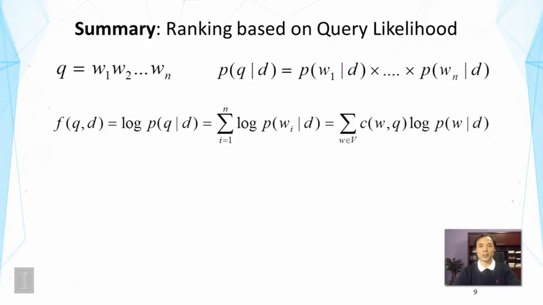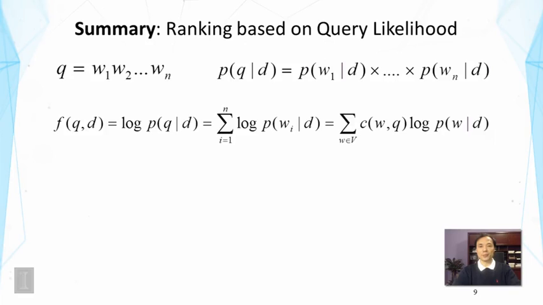By transforming the value with the logarithm function, we maintain the order of these documents, yet we can avoid the underflow problem. So if we take the logarithm transformation, of course, the product would become a sum, as shown on the second line here. So it's a sum over all the query words, and inside the sum, the value is the log of the probability of this word given by the document.